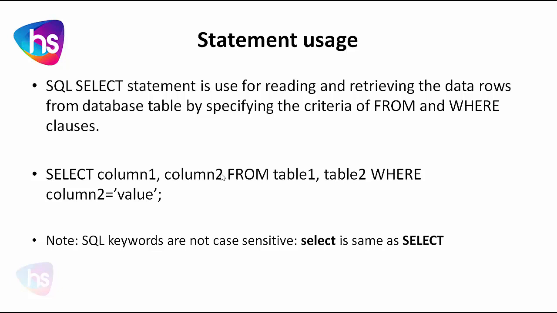It will return all the columns available in the table. Similarly, we also mention from where we want to get the data: table 1, table 2, multiple tables can be written here. By using the WHERE condition, we are filtering the data.